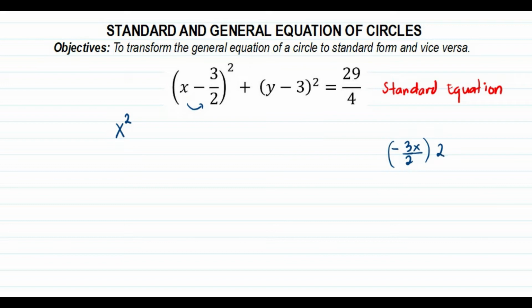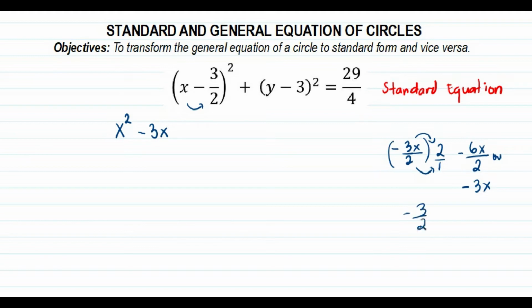Then as we multiply it by 2, we can have numerator to numerator, denominator by denominator. We have negative 6x over 2 or equal to negative 3x. Then, square the last term.